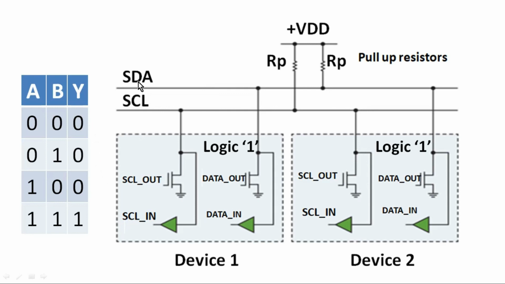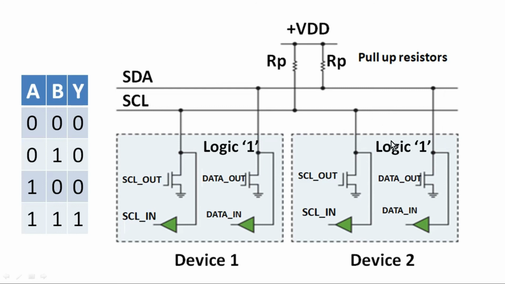Friends, now let us consider another example where device 1 is trying to make the status of the SDA line logic 1 and device 2 is also trying to make the status of the SDA line logic 1. As we discussed earlier, when any of the devices is trying to make the status of the SDA line logic 1, they have to make this SDA line floating from their side.